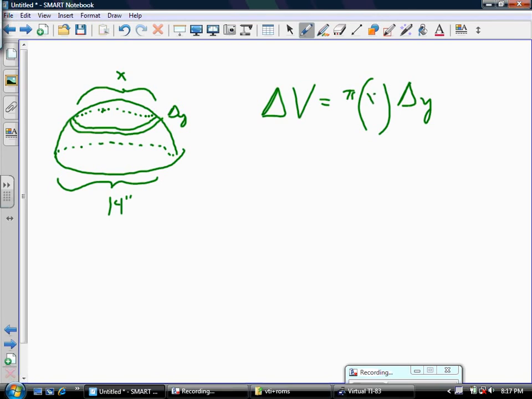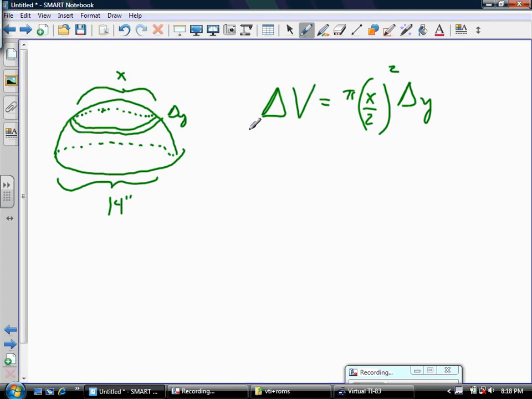Depending on how high you are, x is going to get shorter and shorter. Down here, x is 14. Up here, x is 0, basically. But here, it's what? x over 2. And don't forget, it's pi r squared that I want.